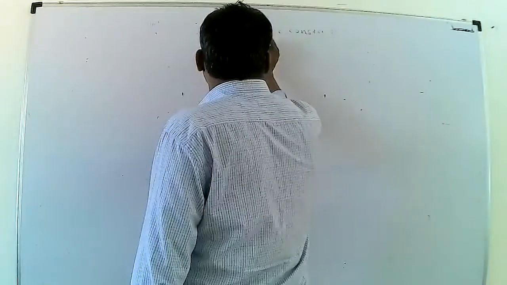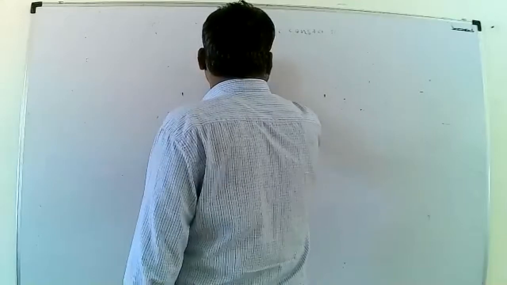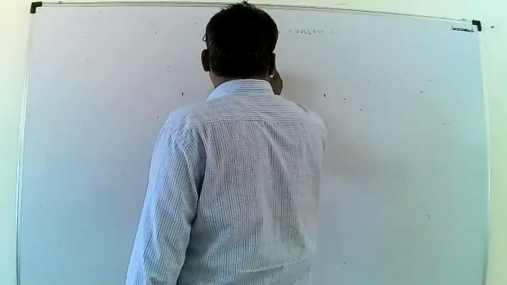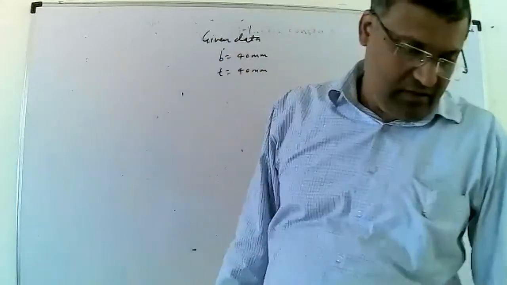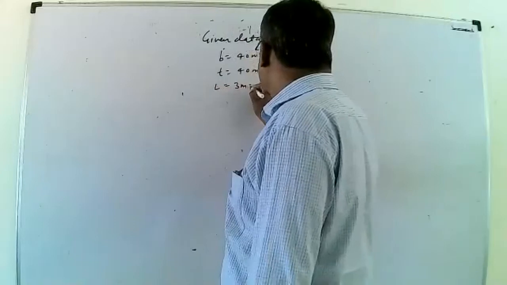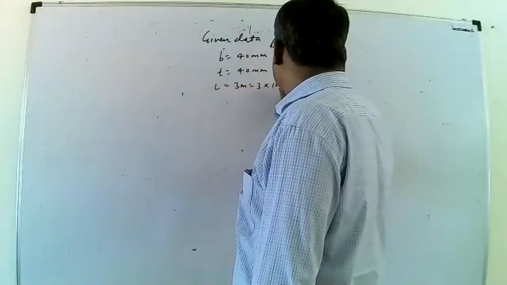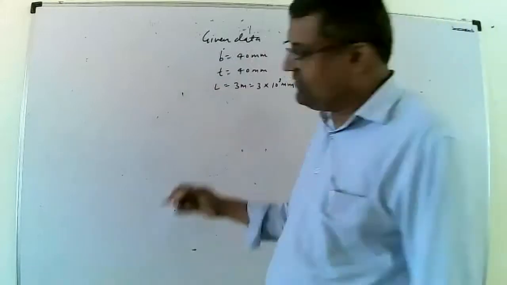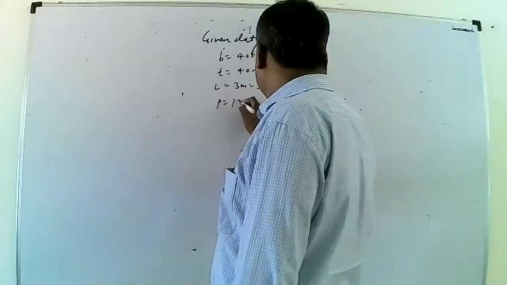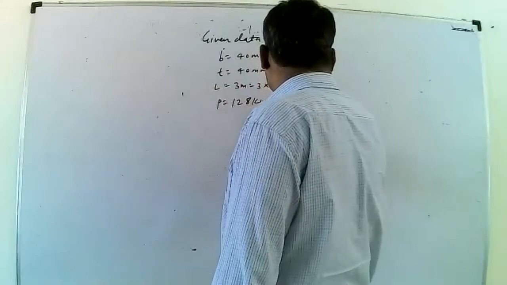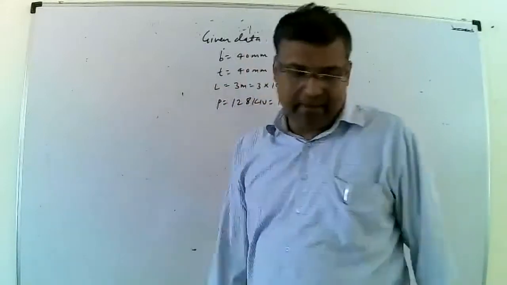Given data: B is equal to 40 mm, T is equal to 40 mm, then length is given as 3 meter, 3 into 10 raised to 3 mm, then load is given as 128 kilonewton, 128 into 10 raised to 3 Newton.